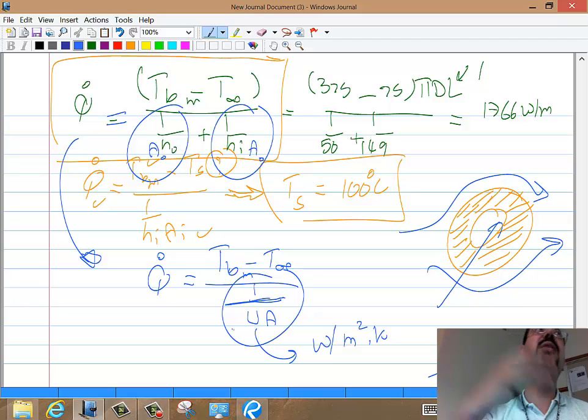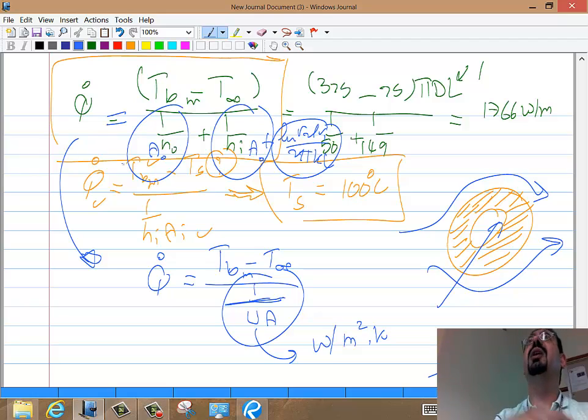That's basically just, here is the total resistance to heat transfer. Even if there is a conduction here, ln R2 over R1 over 2 pi kL, even this is lumped in. So at the end of the day, the Q is UA delta T.